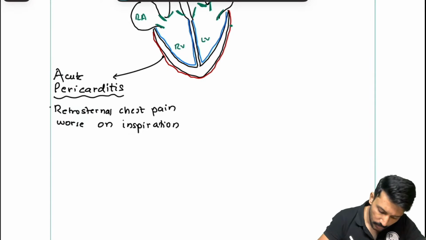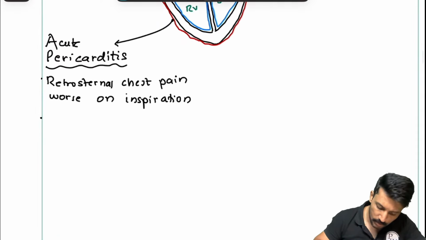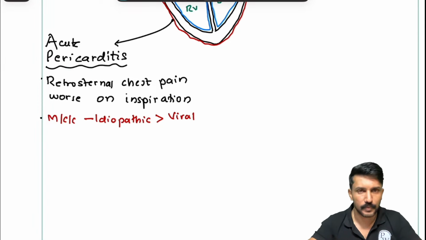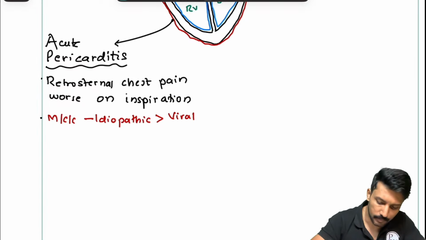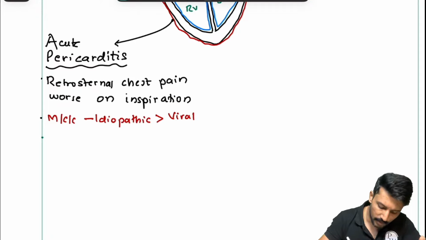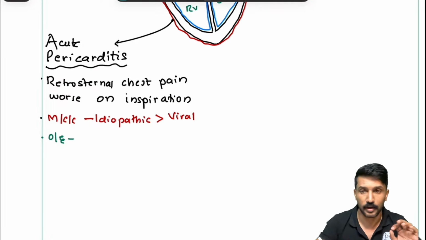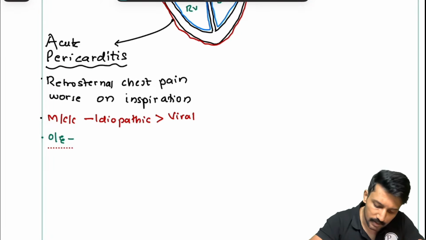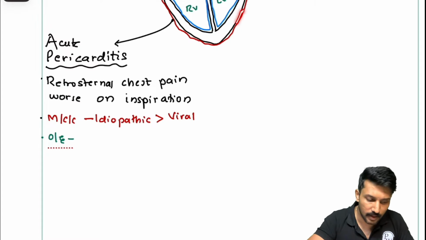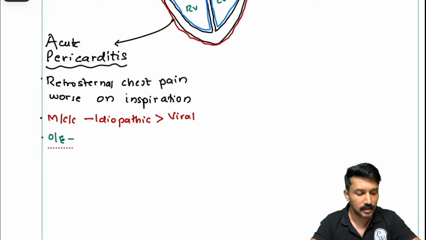Now, what is the most common cause for acute pericarditis? It is idiopathic, followed by viral infections. When these patients present to us, the most important examination finding is that the two layers of the pericardium are inflamed and rub against each other.